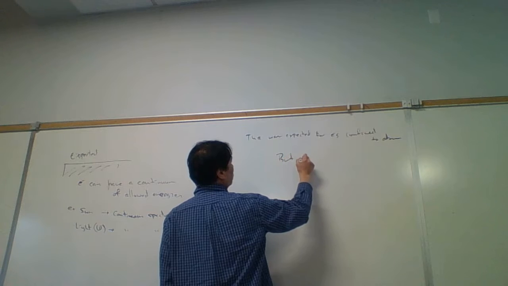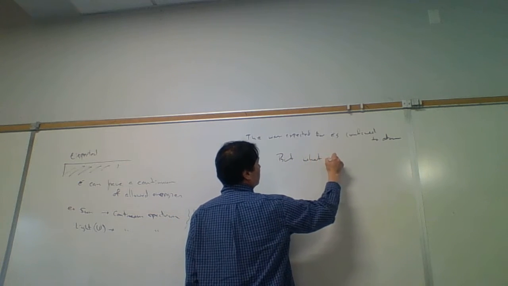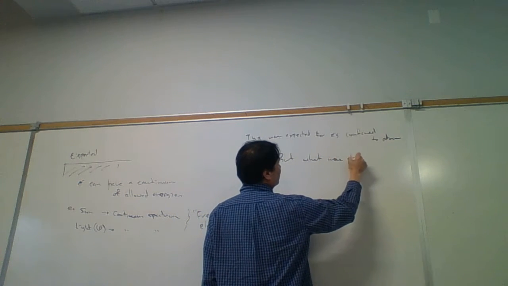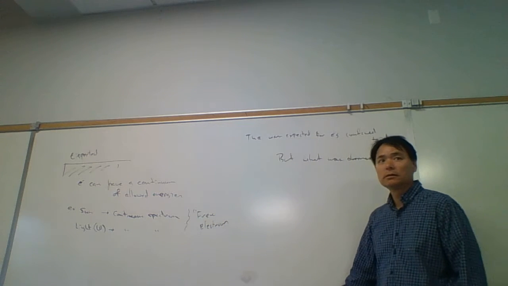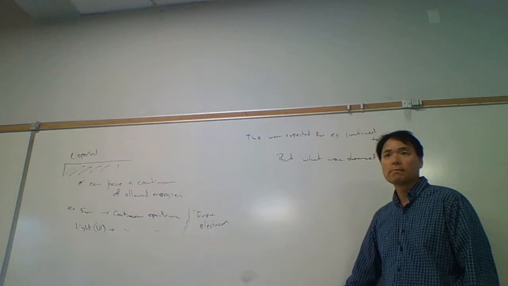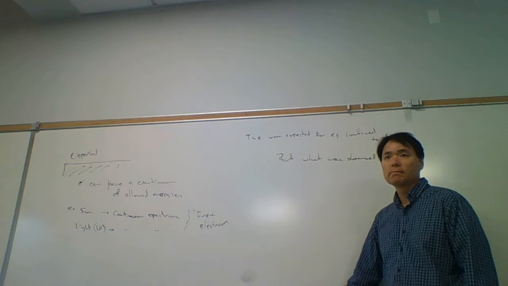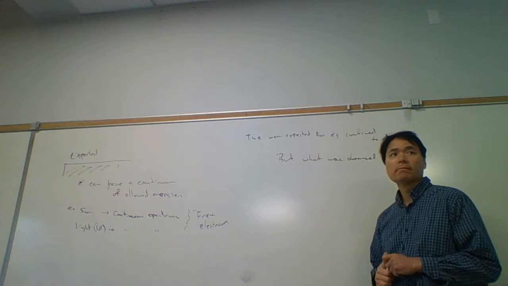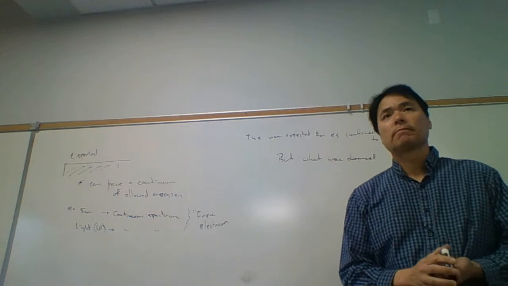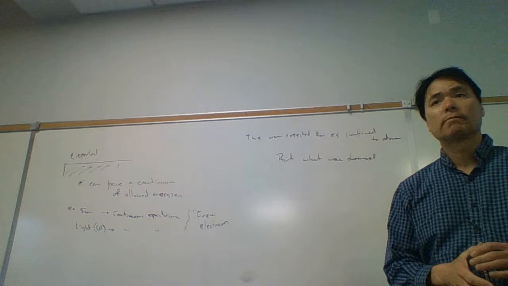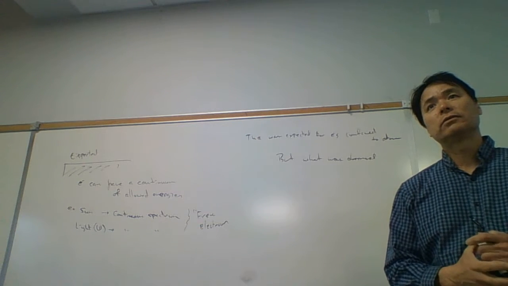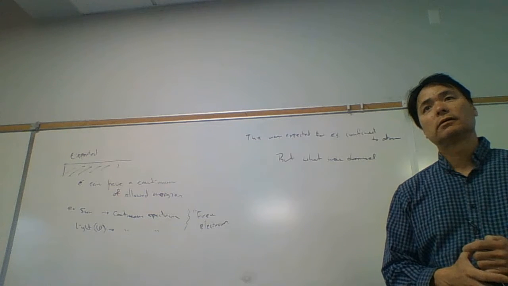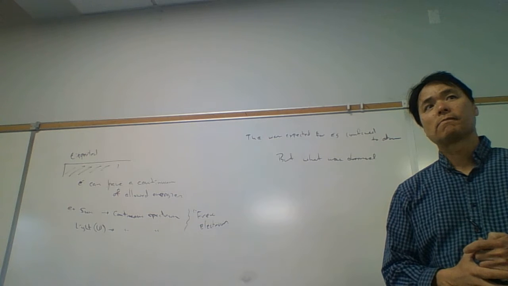But what was observed was called what? It wasn't a continuous spectrum, it was a discrete, or we have another name for it.